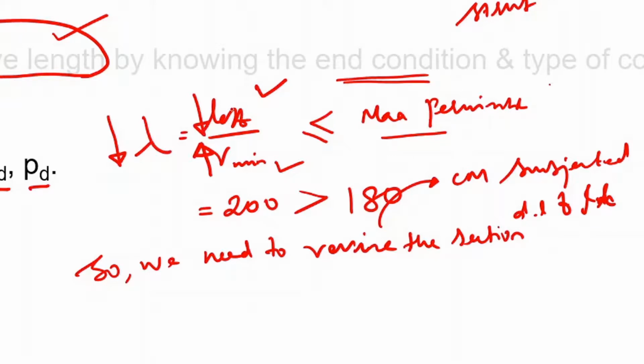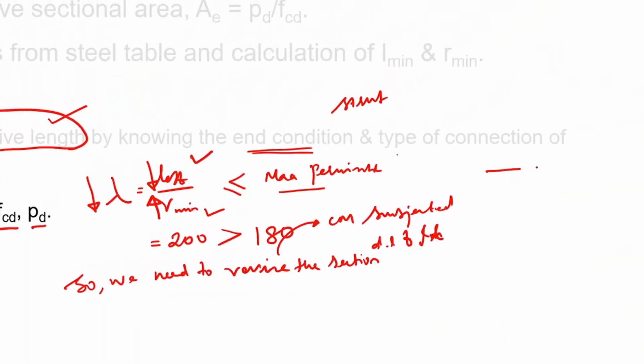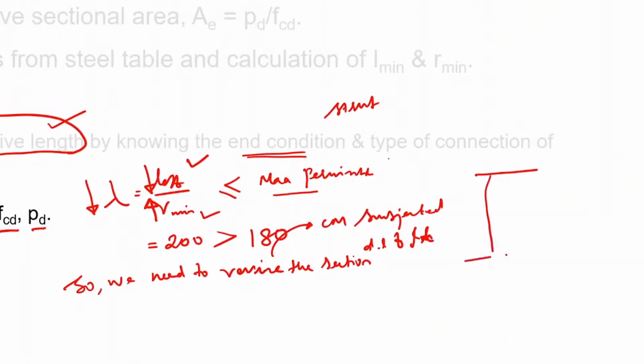See, effective length, you can't argue with the architect to decrease the height of the story. If the architect has designed a 3-meter height for a building, and you are designing a steel column for that building, and it has not satisfied the slenderness ratio, you can't ask the architect to decrease the overall height of the story or the floor.